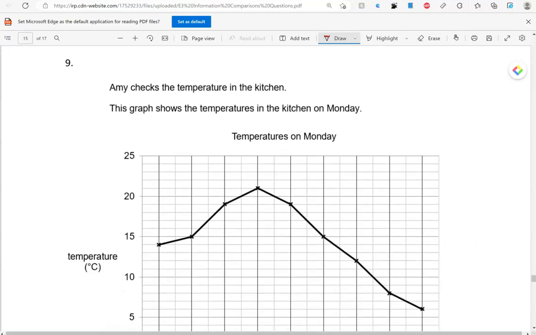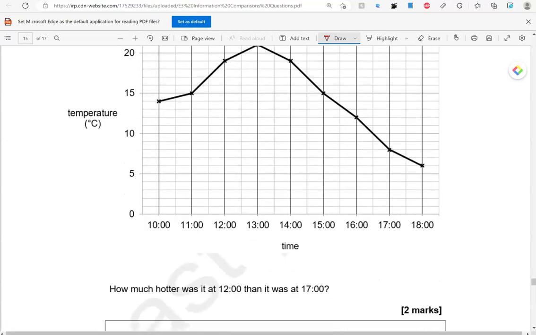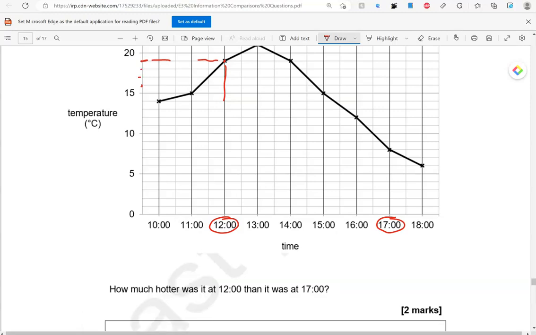Amy checks the temperature in the kitchen. This graph shows the temperatures in the kitchen on Monday. How much hotter was it at 12 o'clock than it was at 17? So we're comparing 12 with 17. 12, that is between 15 and 20, so 16, 17, 18, 19.